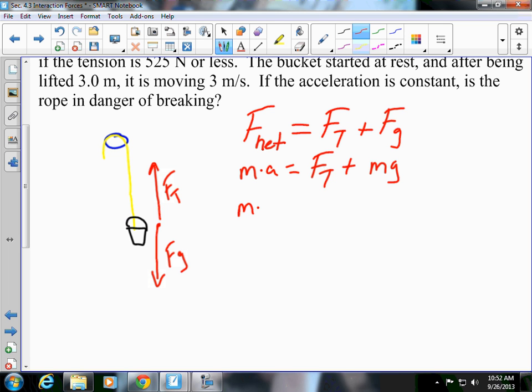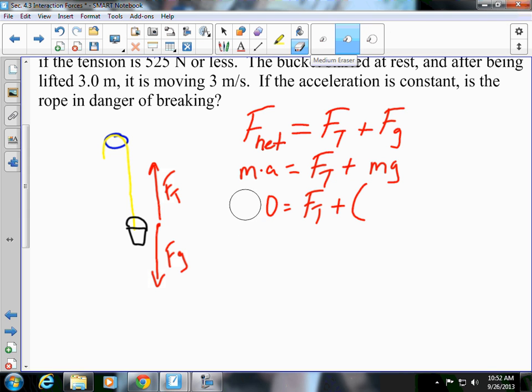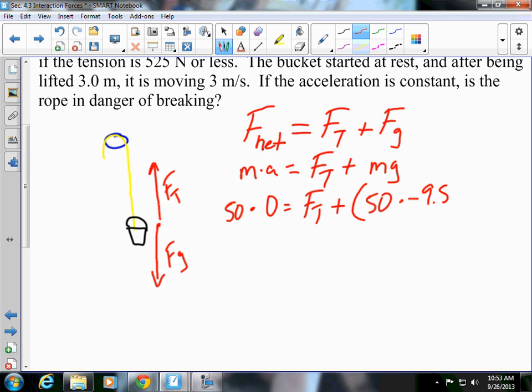You're going to have m times 0 is equal to the force of tension plus the mass of the bucket times gravity. We can plug in the mass of the bucket: 50 times 0 is equal to the force of tension plus the mass times gravity. And remember, gravity is acting downward, so it's negative 9.8.